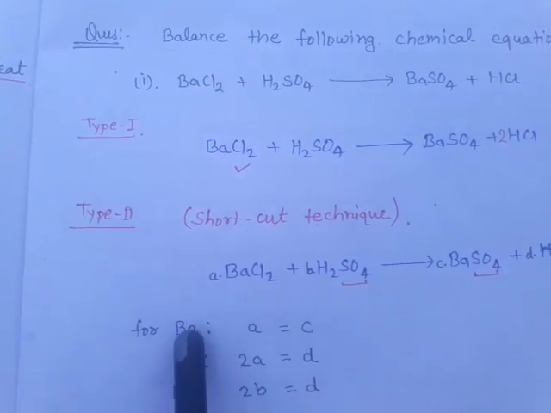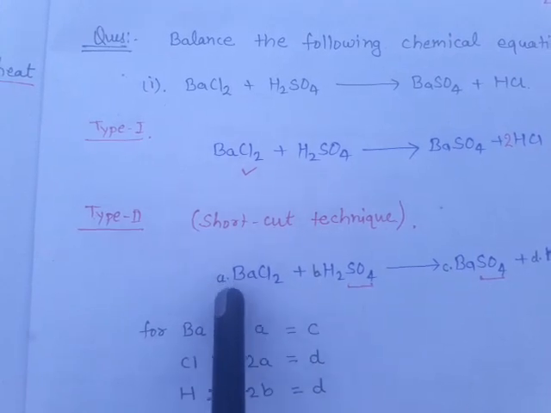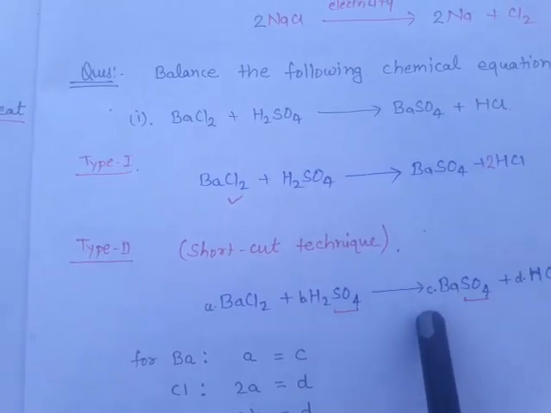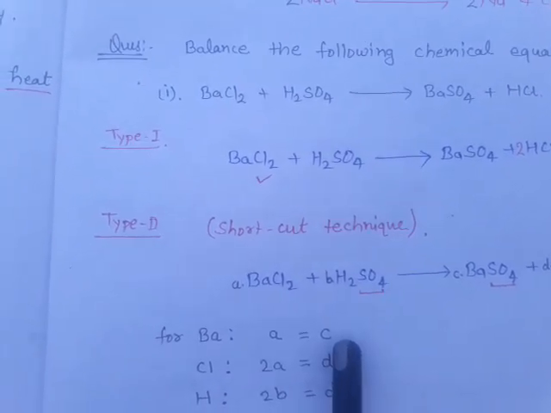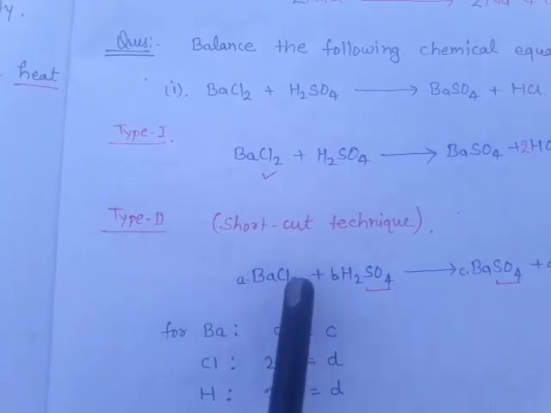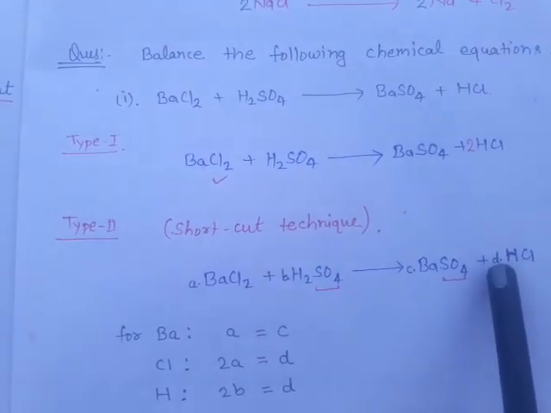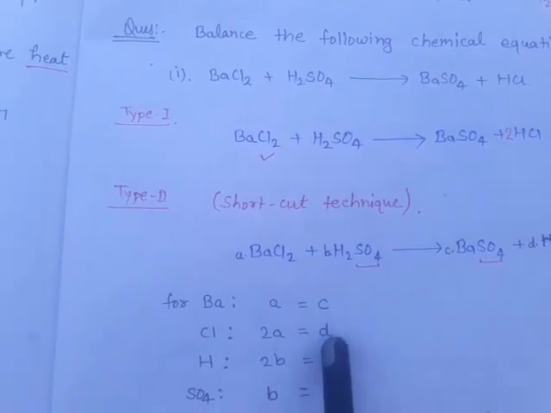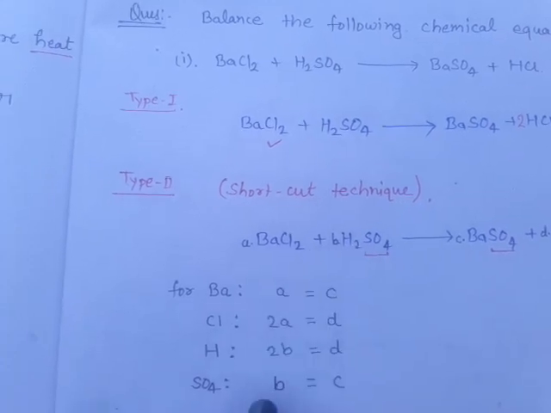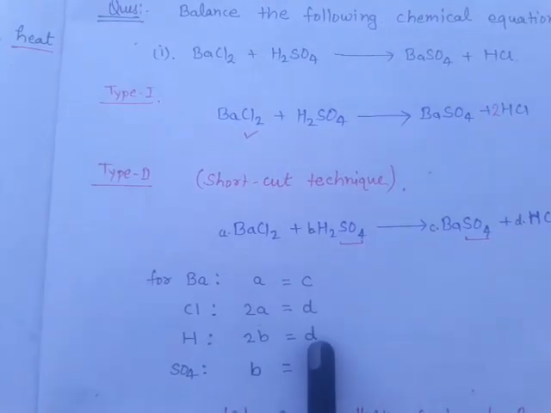For barium, on the reactant side it is A, and in the product barium is C, so A equals C. For chlorine, 2 chlorine atoms are present with A, so 2A, and in the product chlorine is D. For hydrogen in the reactant, 2 hydrogen atoms are present, so 2B, and in the product hydrogen is D, so 2B equals D.